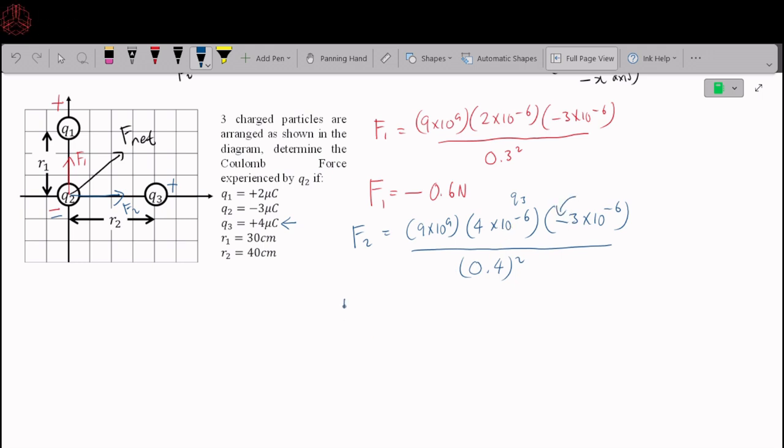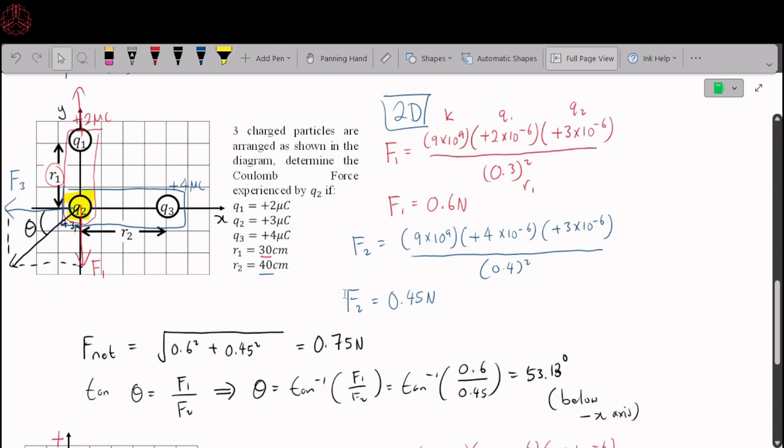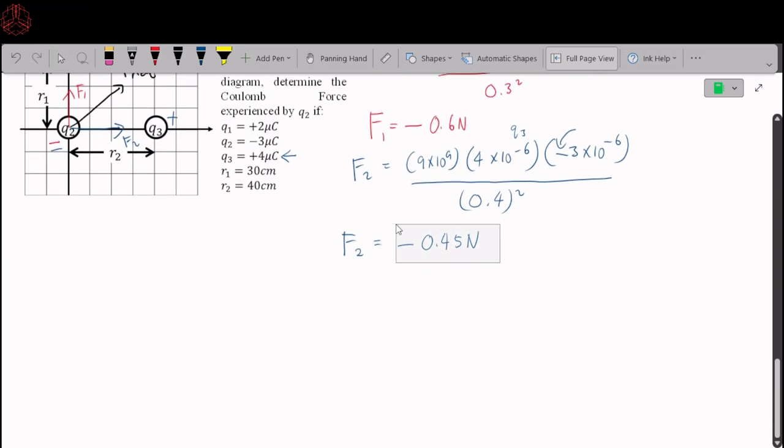Again here Q3 is still 4 microcoulomb, Q2 is negative 3 microcoulomb, same values, different signs. Then I can calculate the net force. I just use Pythagoras' theorem and it will give out 0.75.